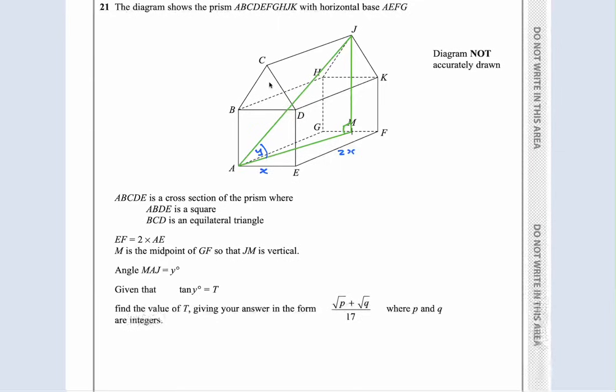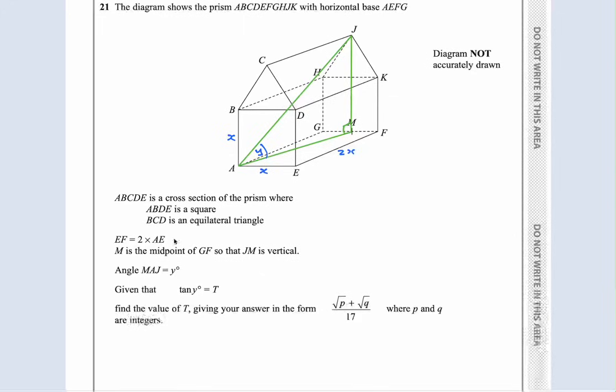where p and q are integers. Obviously, guys, a super hard question. How are we going to do it? Well, this is a square, so this is x, this is x, this is 2x. I don't have any numbers here, guys.